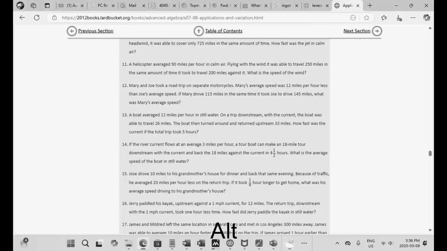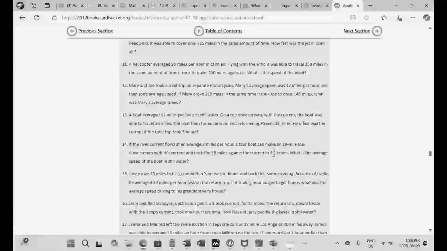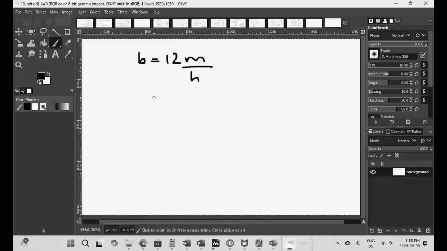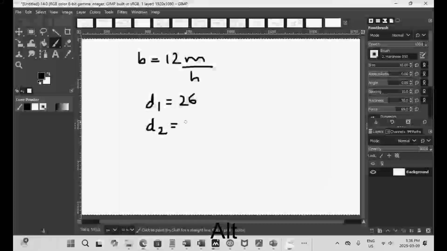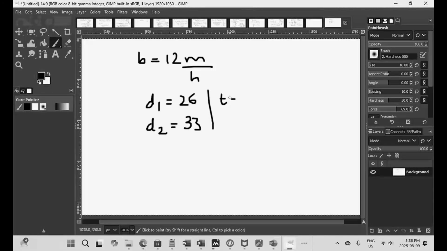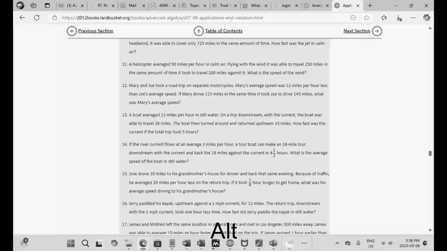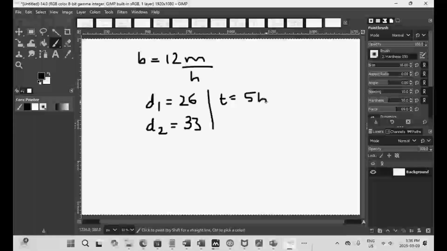We also know that on the trip downstream, with the current, the boat was able to travel 26 miles, so D1 equals 26. That's for the first part of the journey. And upstream, the second part of the journey is 33 miles. And the total time was, as listed over here, 5 hours.